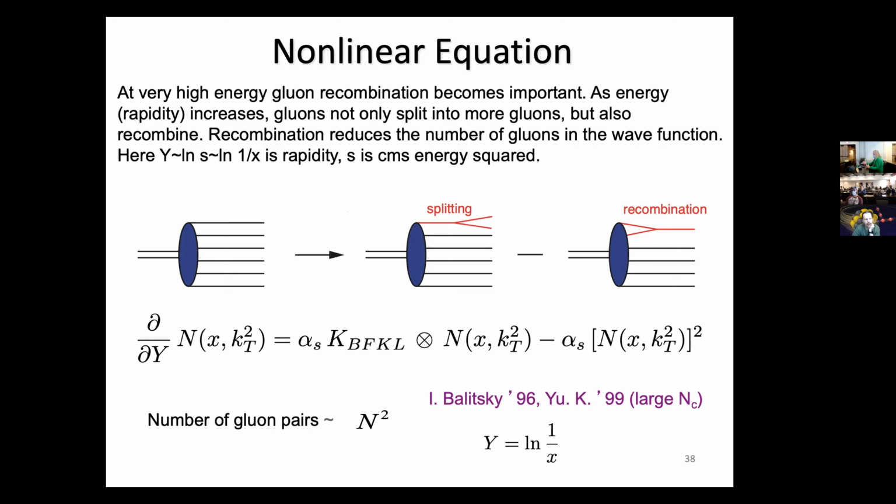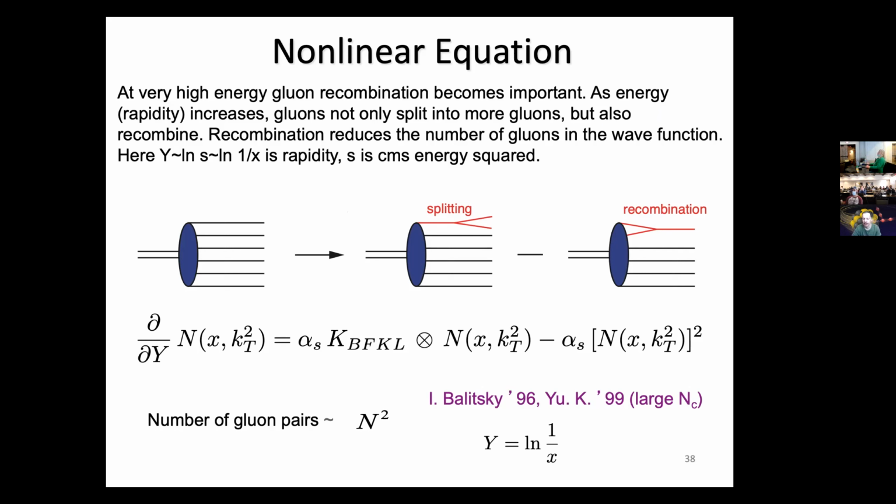You actually do the calculation, and you realize that, very loosely speaking, the recombination diagrams are initially very small. Imagine that n is sort of proportional to the number of gluons, but it's not really the number of gluons.